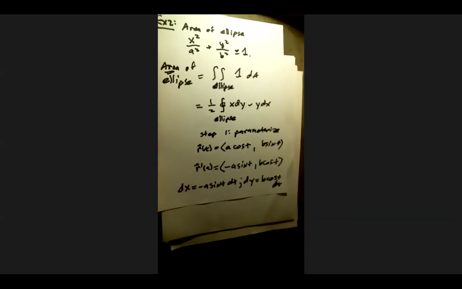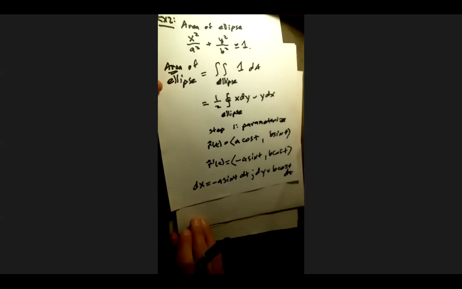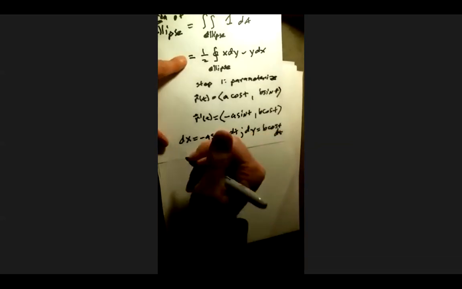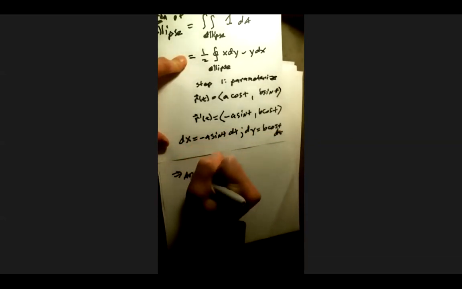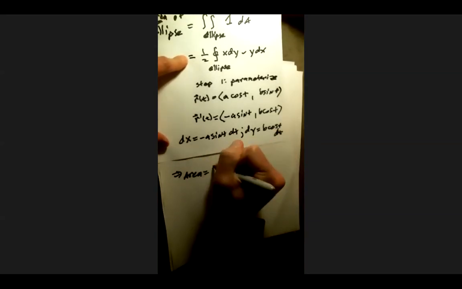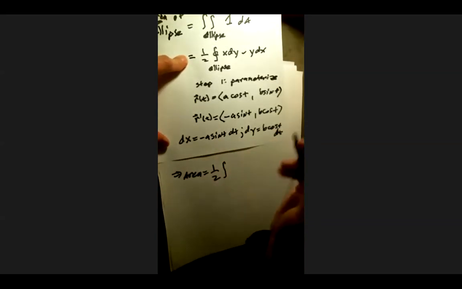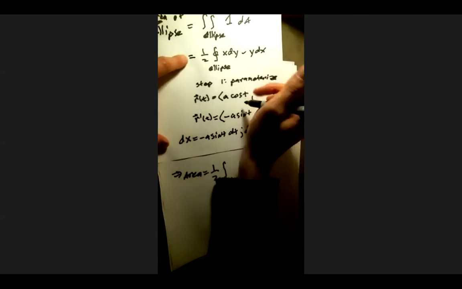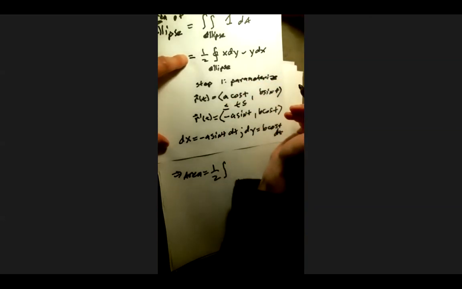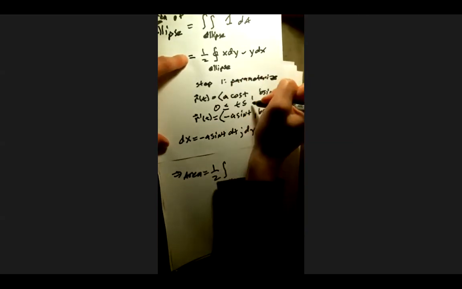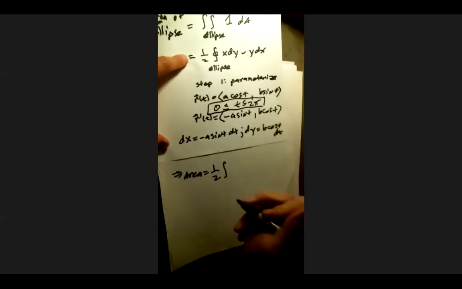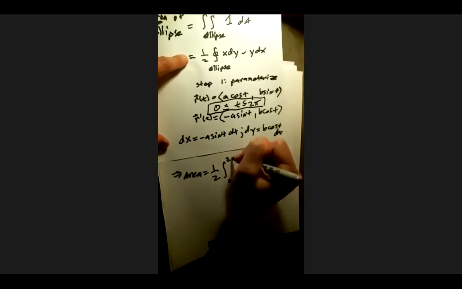So at this stage, we can just plug and play and see what happens. Here's our formula. We're going to get 1/2. Oh, and we also need to say where our parameters live. Where does t live between? It's not 0 to 2 pi, is it? It sure is, because it's around a loop. So we're going to go 0 to 2 pi.